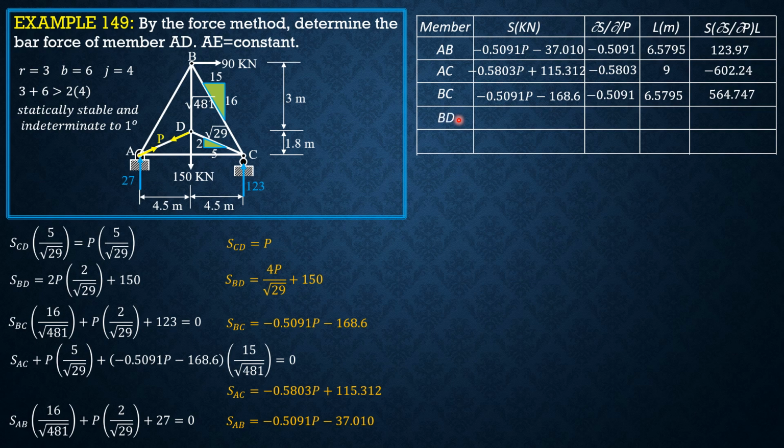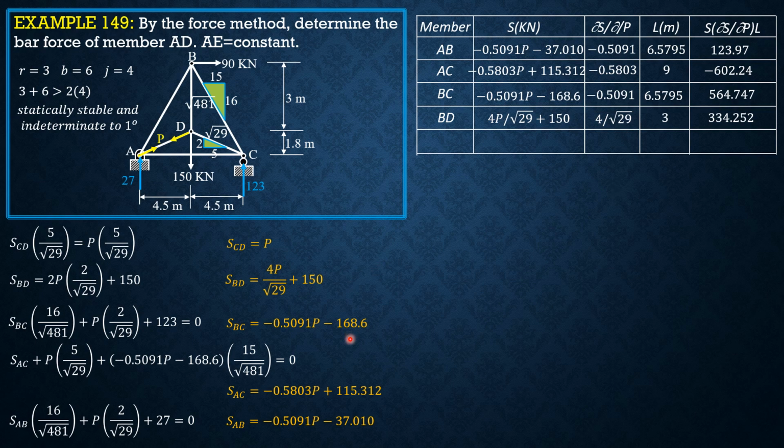Then BD, you have 4P over square root of 29 plus 150. Partial derivative 4 over square root of 29. Then the length is 3 for BD. And after we set P to 0, the product is 334.252.